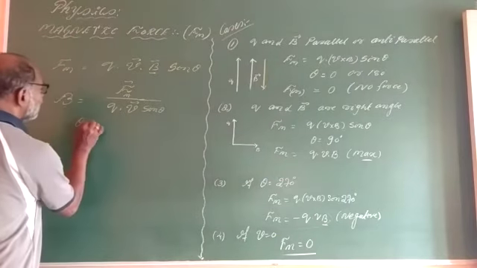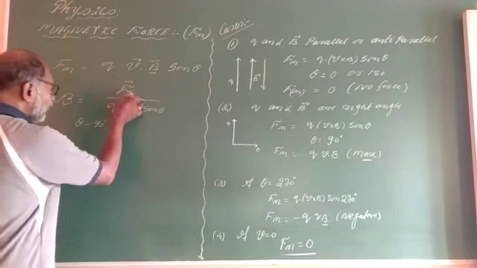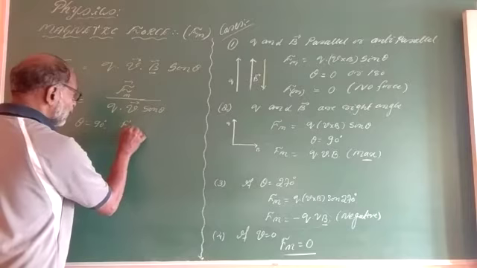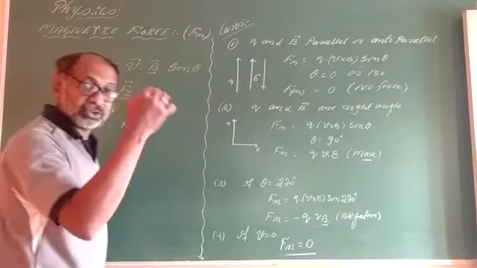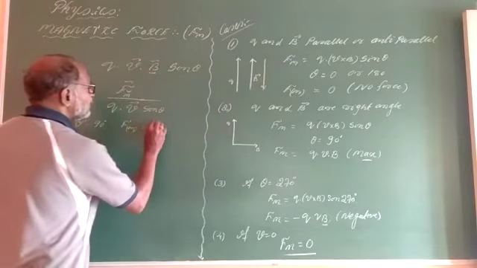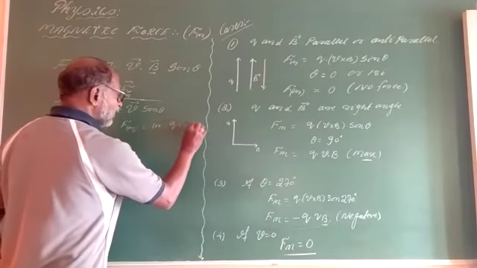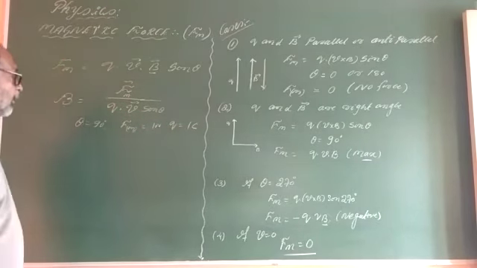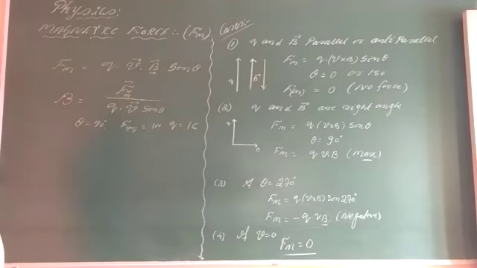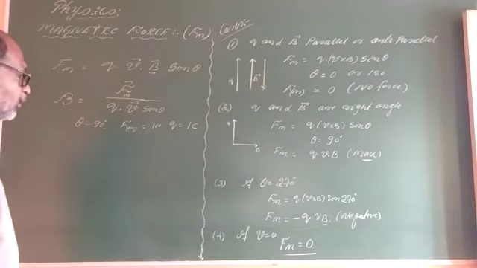If theta is equal to 90 degrees, and the force acting on the charge is 1 Newton, then Q is 1 Coulomb.